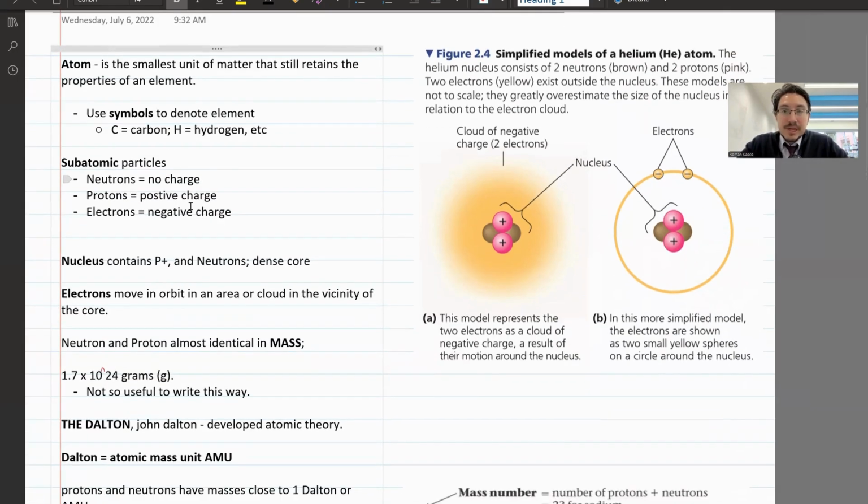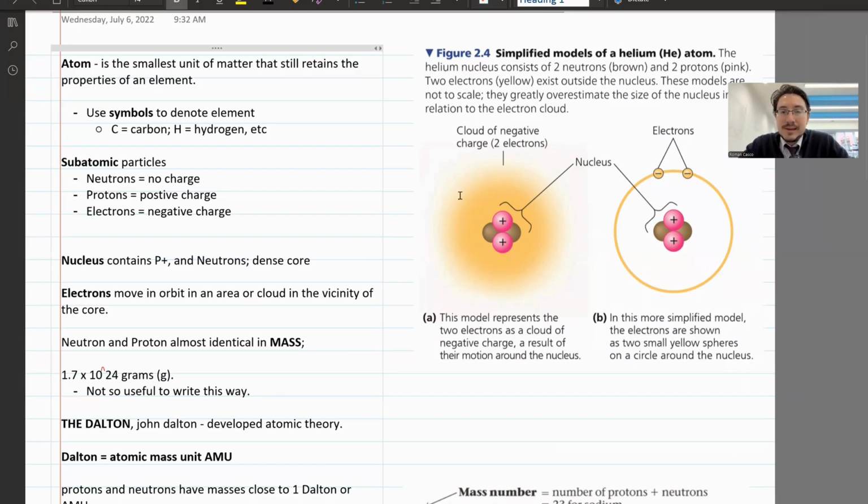An atom is composed of a couple of subatomic particles: neutrons, protons, and electrons. Their name gives the characteristic charge that they have. Neutrons have no charge, protons have a positive charge, electrons have a negative charge. There are several simplified models we're going to see throughout the textbook on how an atom is portrayed. This is one example of an electron model.